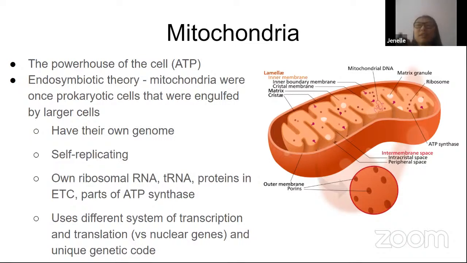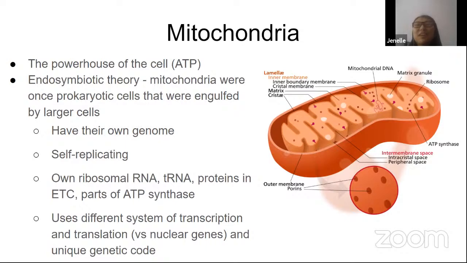And symbiotic means having a symbiotic relationship where they both benefit each other. So mitochondria are an organelle within the larger cell that's helping to create this energy so that the cell can use it. And so that's the endosymbiotic theory.